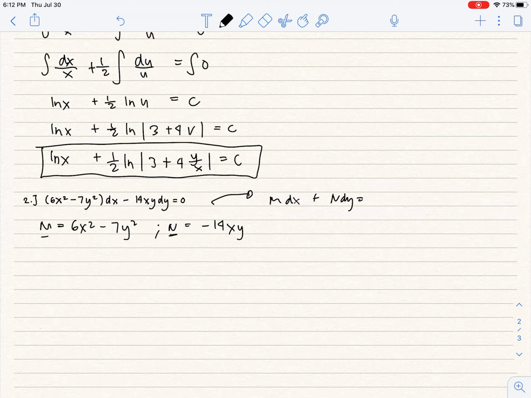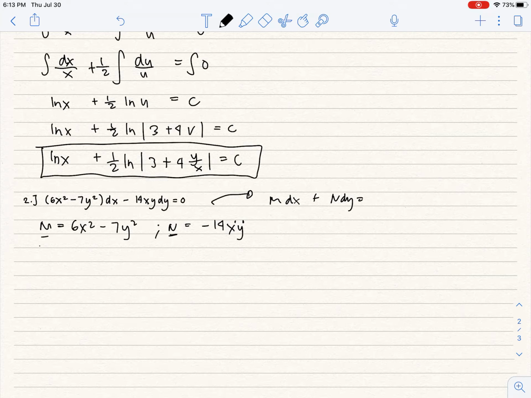So dahil ang variable is x and y, so therefore 1 dara, ug 1 dara. So therefore 1 plus 1 is 2. So therefore m and n, ang degree sa m is equivalent sa degree sa n. So therefore this is a homogeneous DE.